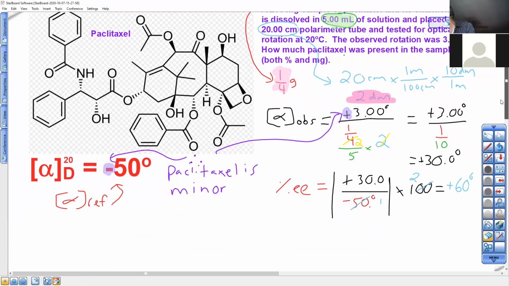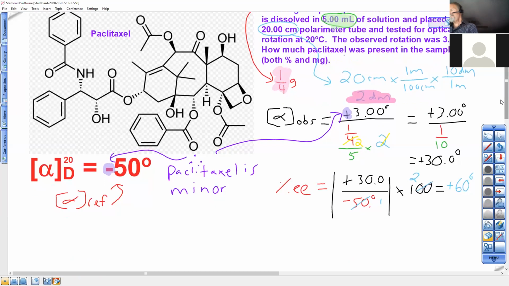All right. So what does this mean? Please try to, 60% is not a final answer. We're about 2/3 of the way there. 60% EE means there's 60% more of the enantiomer in this question than there is paclitaxel.